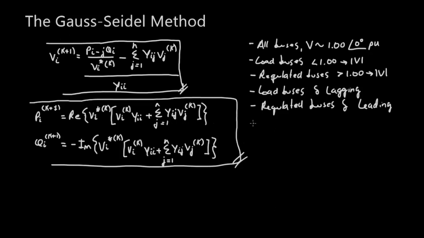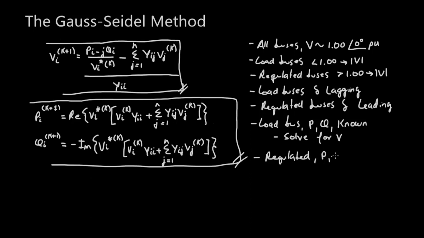Now in load buses, we know the real power P and the reactive power Q. So I'm going to say these are known. And so we use then this equation to solve for the voltage. So I'm going to say solve for V. Now likewise on a regulated bus, you know the real power and the voltage magnitude V. So these are known.